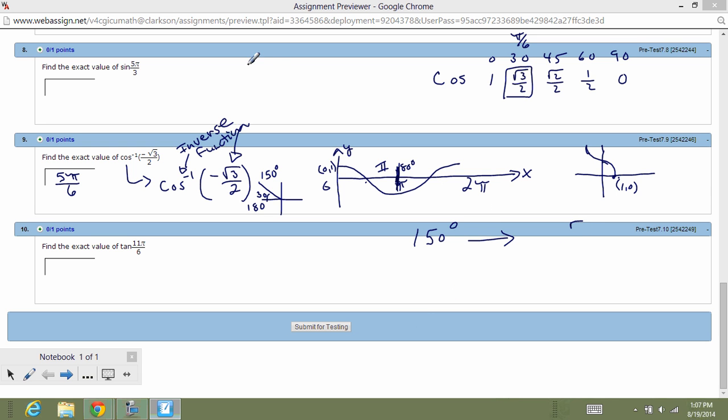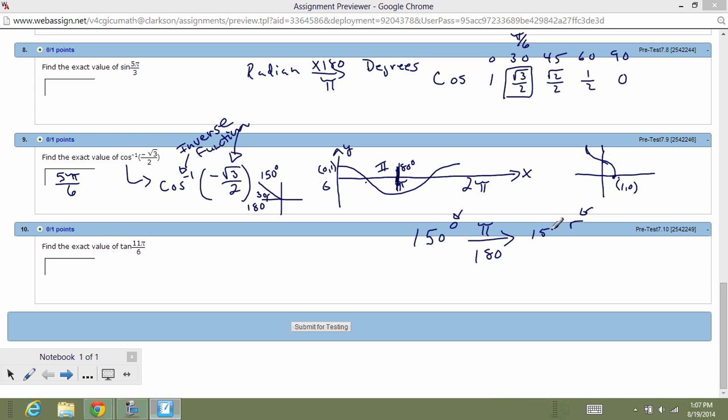Since we already said that to go from radians to degrees, the technique was to multiply by 180 and divide by pi, then to go the other way, the technique is going to be to multiply by pi and divide by 180.